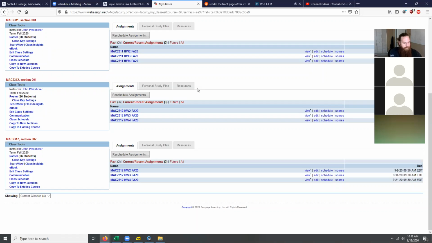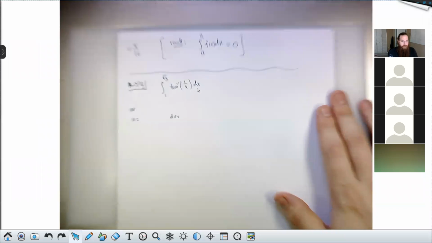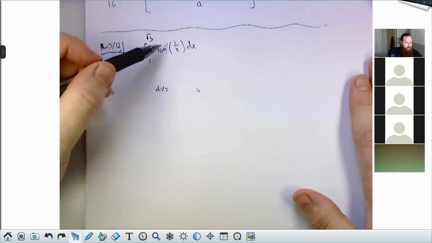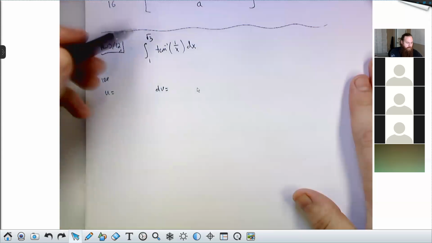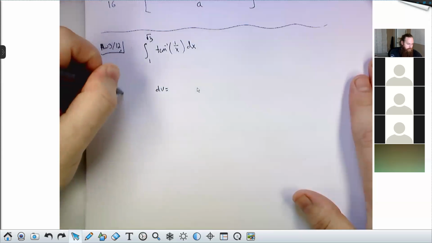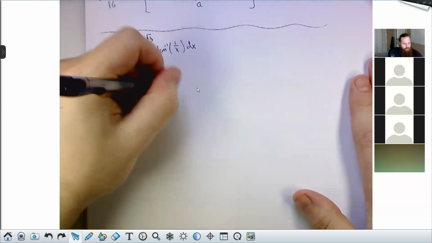So I'm going to run IBP, and I use LIPET to choose u and dv. U being the, I follow down my LIPET rule. I don't have any logs, but I do have this inverse function. So I'll pick u to be the inverse tangent of 1 over x. And dv then is just dx.